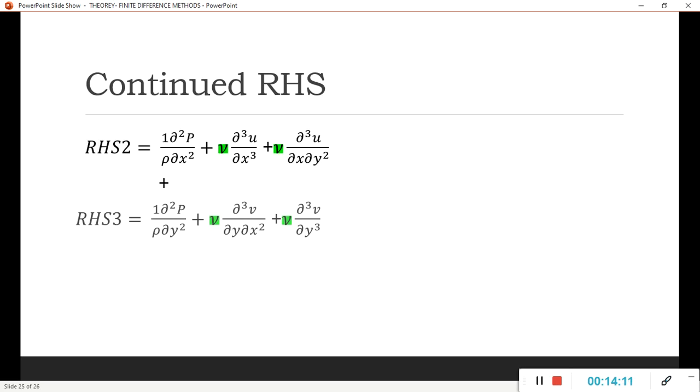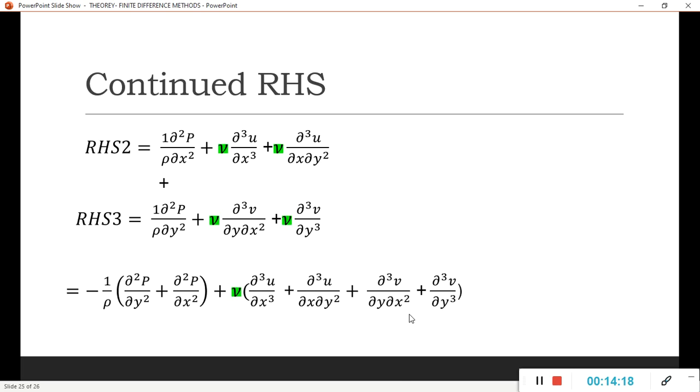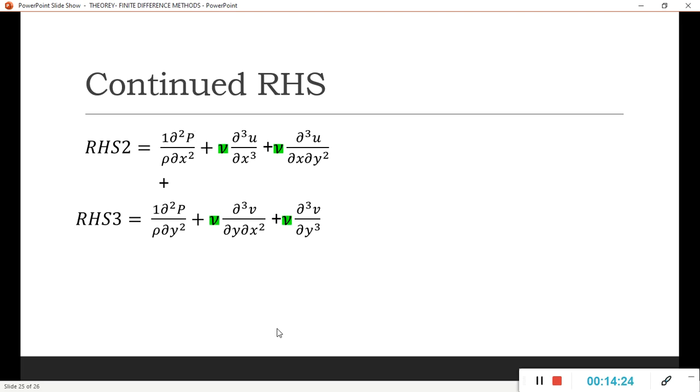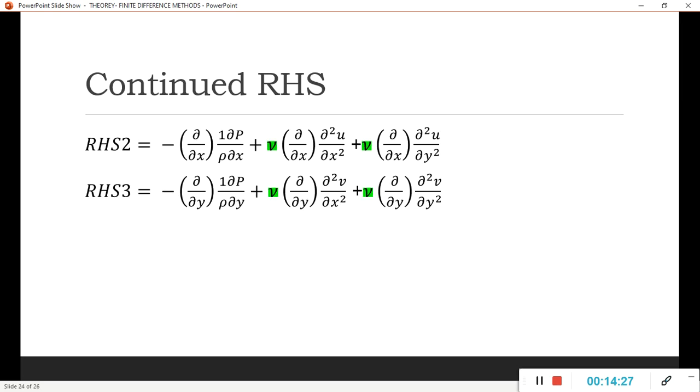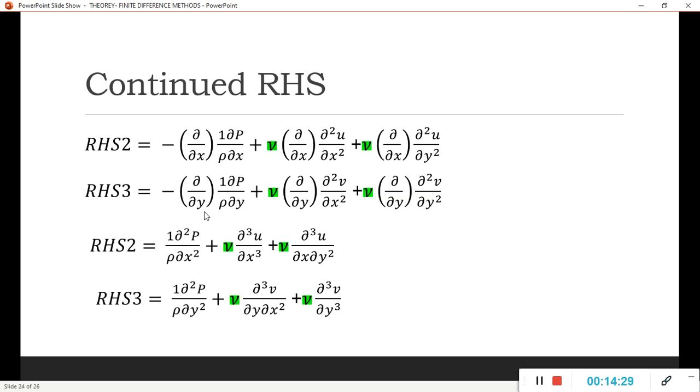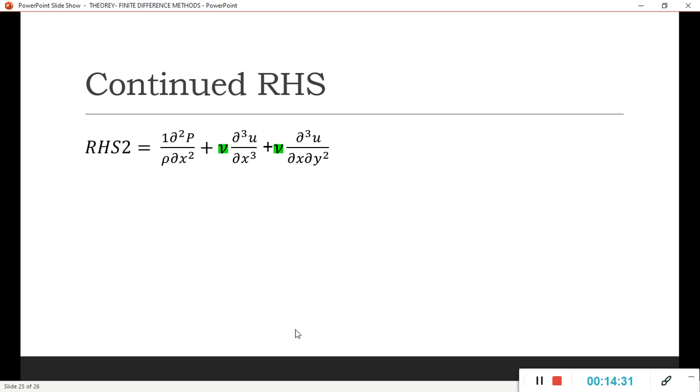So we have come up with two particular ones, and now we add them together and we end up with this equation, minus 1 over rho. I have forgotten to put this minus sign here.